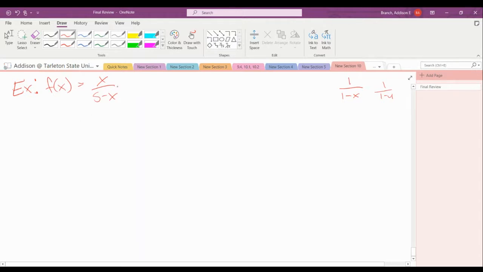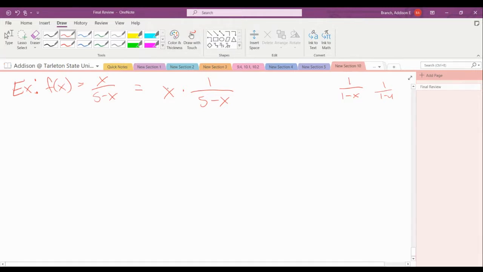So what we can do first is factor out the x and say that we have x times 1 over 5 minus x. Now we're a little closer. We still need to have that 1 minus something in the denominator.